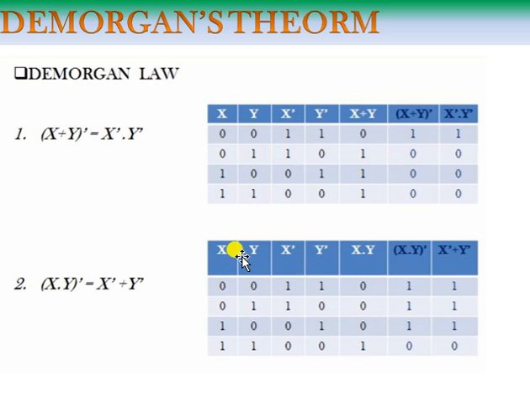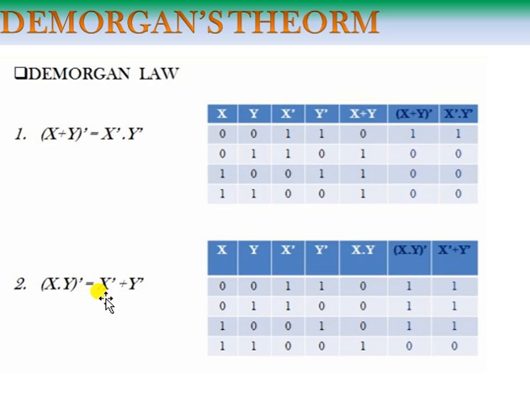This is x and y: 00, 01, 10, 11. x dot y is 0 0 0 1, and the complement of xy is 1 1 1 0, because it is the opposite of x dot y.